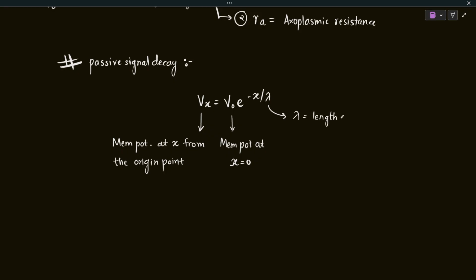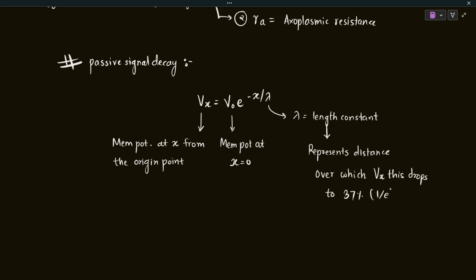Length constant is a very important property, because it represents a distance, the distance over which the membrane potential Vx drops to 37%, meaning 1 by e times the initial value.